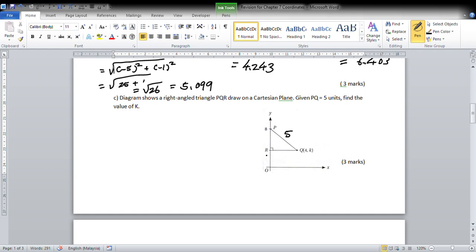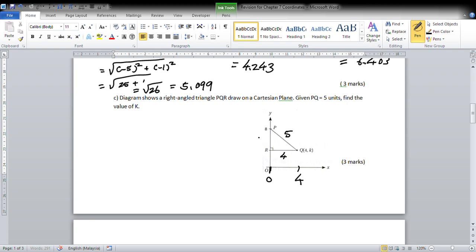Let's say I don't know the coordinate of R, but you can see this one is on the y-axis. So that means the x here is 0. And the point Q here is 4. So we can get one more piece of information: the distance between R and Q is 4 units.